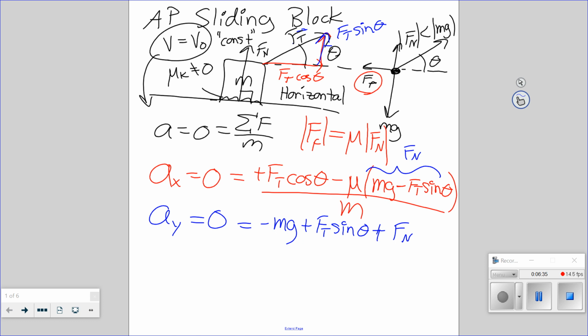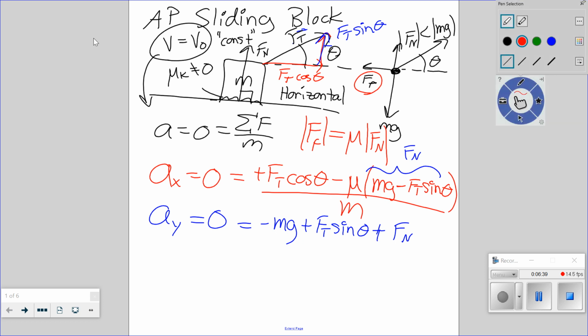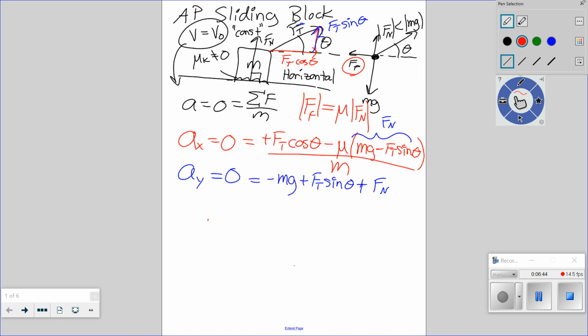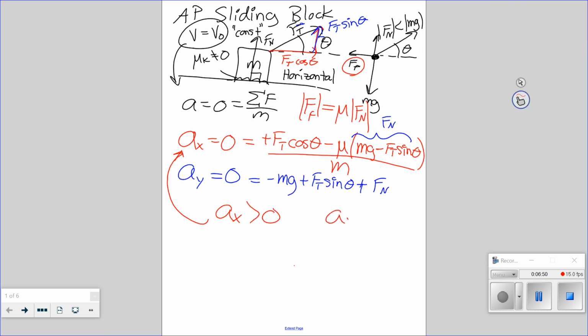I want to examine really quick, and then the example's done, and you can ask questions. Under what circumstances would ax be greater than 0 or ax less than 0? Because we did it at exactly 0 on purpose.